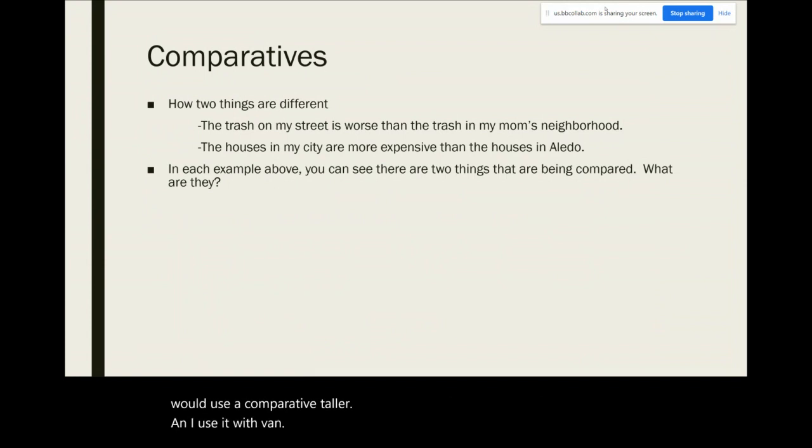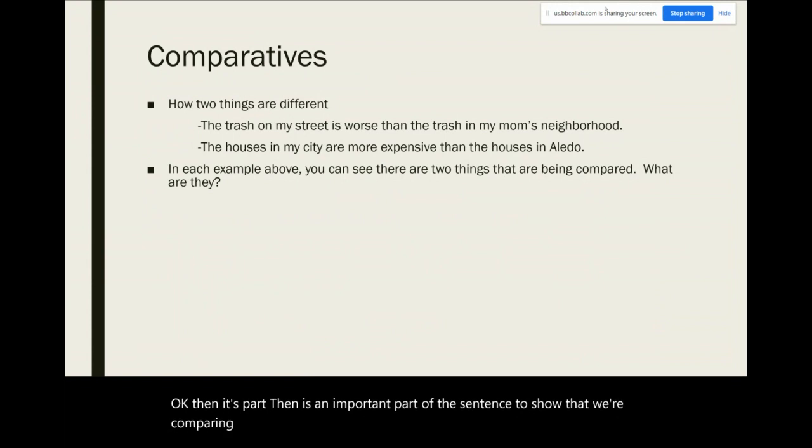So look at these two examples. The trash on my street is worse than the trash in my mom's neighborhood. So where's the comparative word? Than, yeah. Okay, than is an important part of the sentence to show that we're comparing. Yes.